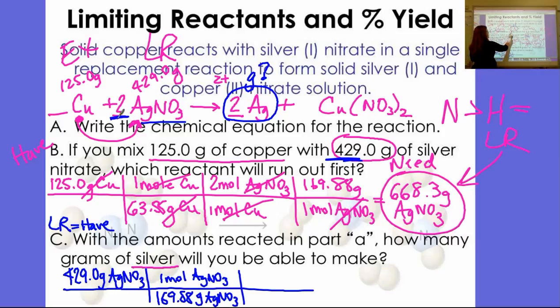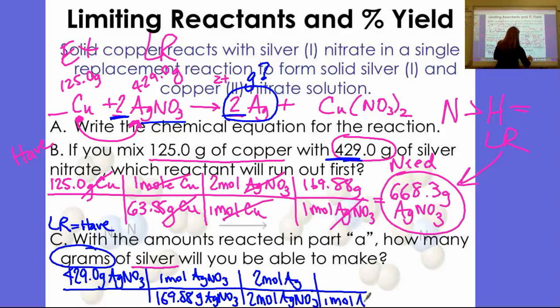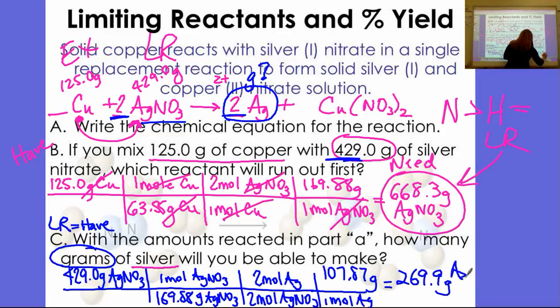This time my ratio is 2 to 2. 2 moles AgNO3 gives me 2 moles of silver, but I didn't want to be in moles. I have to get to grams. So 1 mole of silver, looking at the periodic table, is 107.87 grams. Calculating that through, I am able to make 269.9 grams of silver before my silver nitrate runs out and my reaction is over.